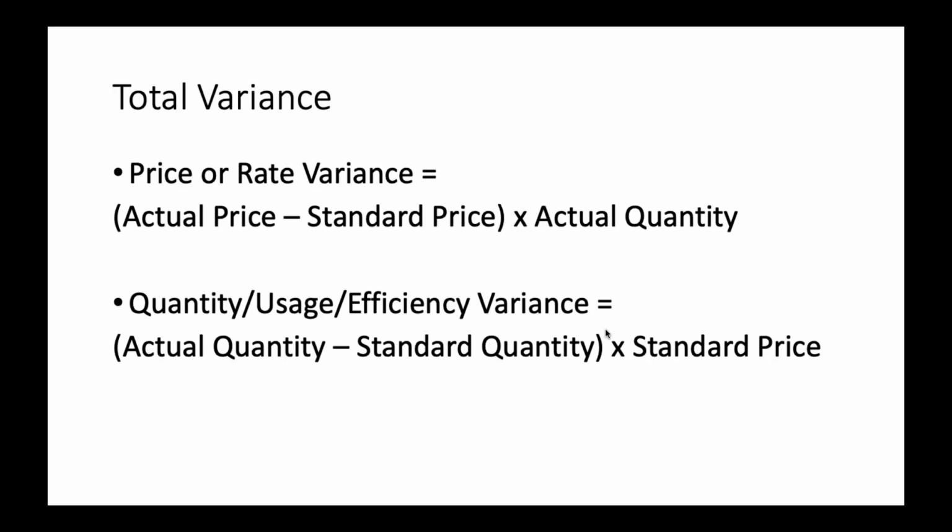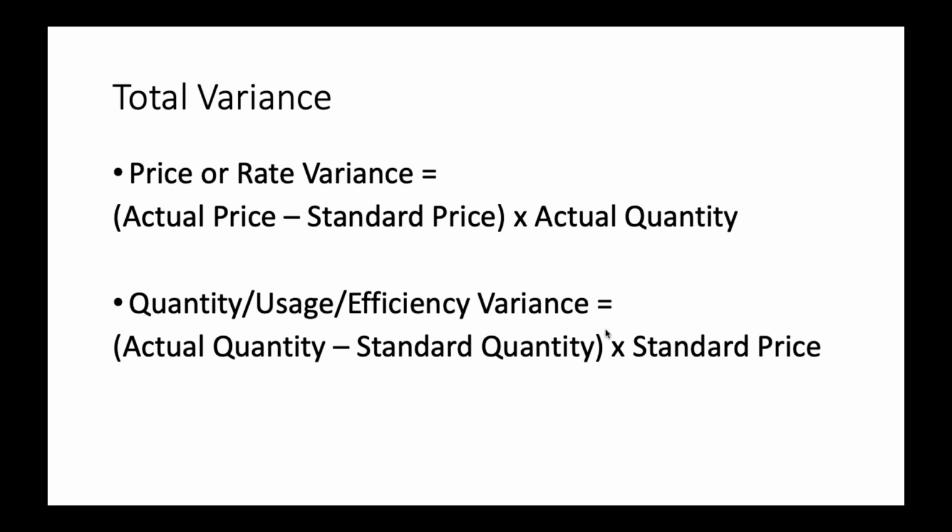Now, the difference between the actual and standard, which is the total variance, is the result of two components: the price variance or rate variance, and the quantity or usage or efficiency variance.